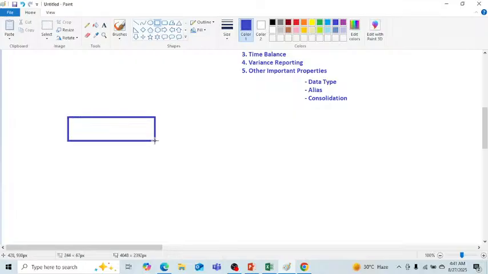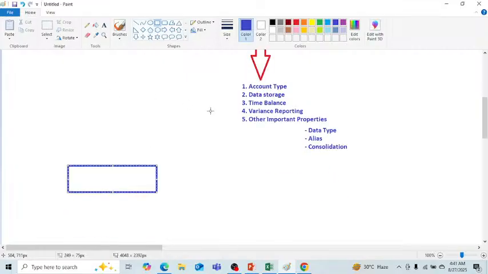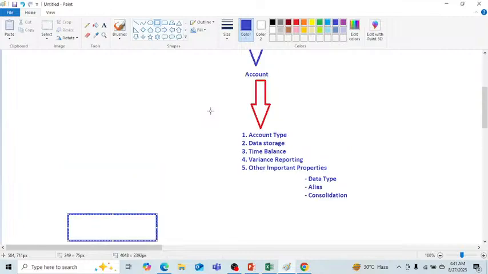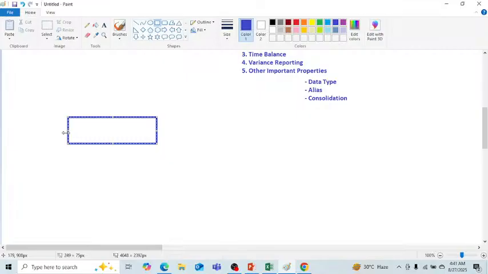So today we will learn how the account type influences all the member properties as well as all the financial structure of that account.